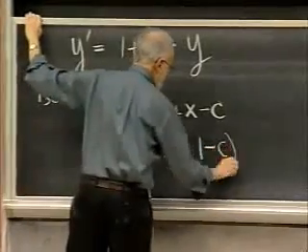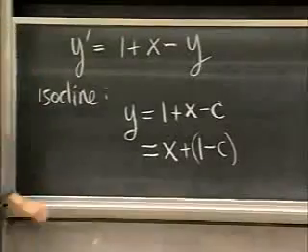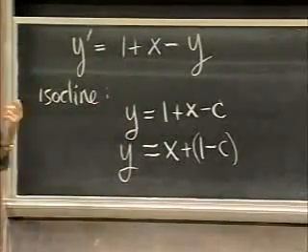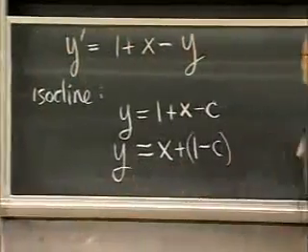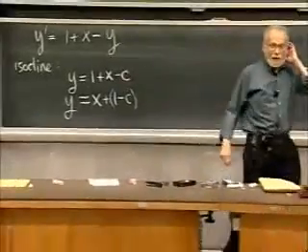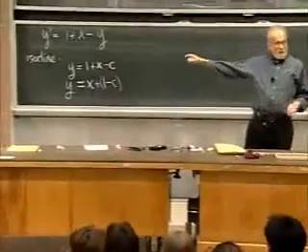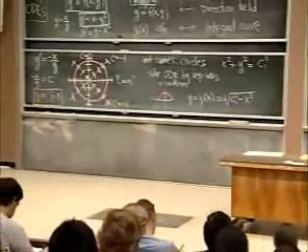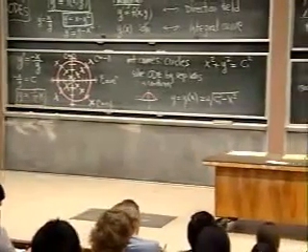I guess it really doesn't matter. So there's the equation of the isocline. Let's quickly draw the direction field. Notice, by the way, it's a simple equation, but you cannot separate variables. So I will not, today at any rate, be able to check the answer. I will not be able to get an analytic answer.